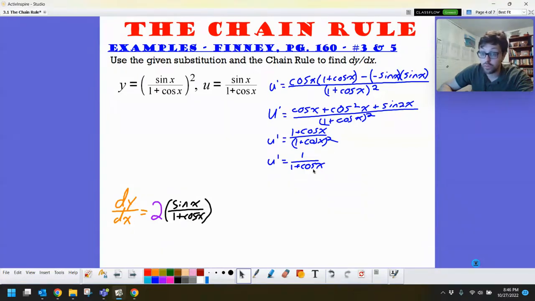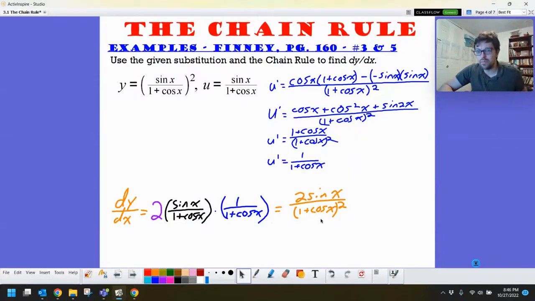That's where all this quotient rule stuff comes into play. So we need to multiply by this 1 plus cosine of x. And then that's it. We could clean that up a little bit by putting that 1 plus cosine of x on the bottom squared, throw the 2 up top.